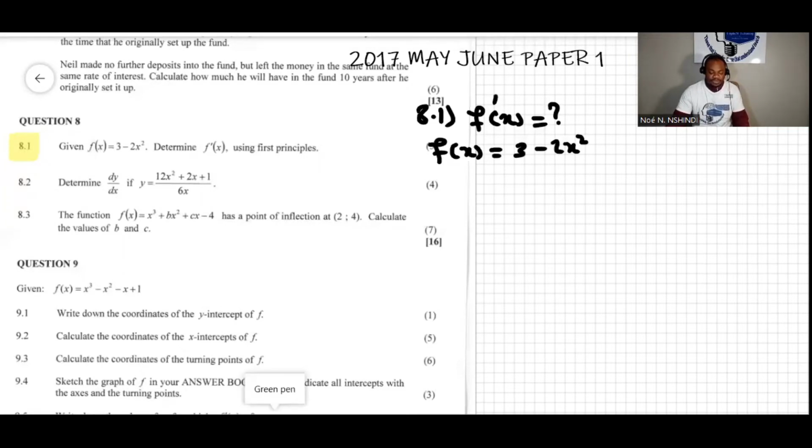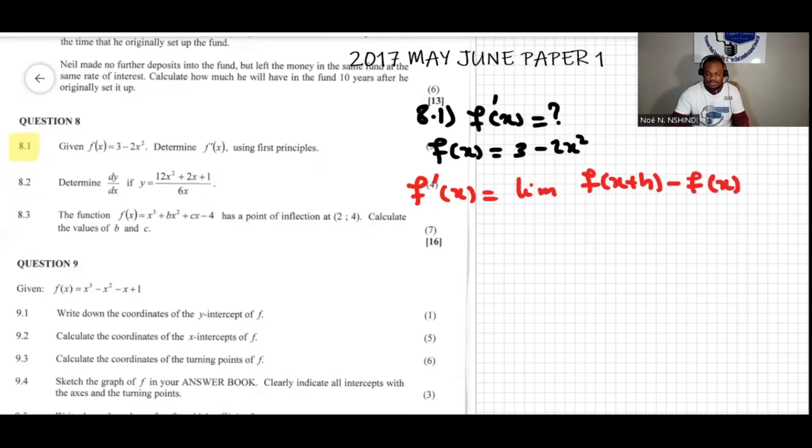Now, solving the derivative of a function by using the first principles, I'm going to give you the formula for that. F prime of x will be equal to the limit of f of x plus h minus f of x all over h, h approaching 0.